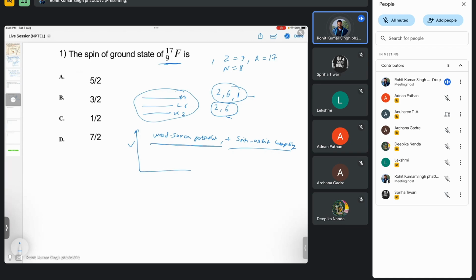So I'll write those here briefly. Some states I'll write.